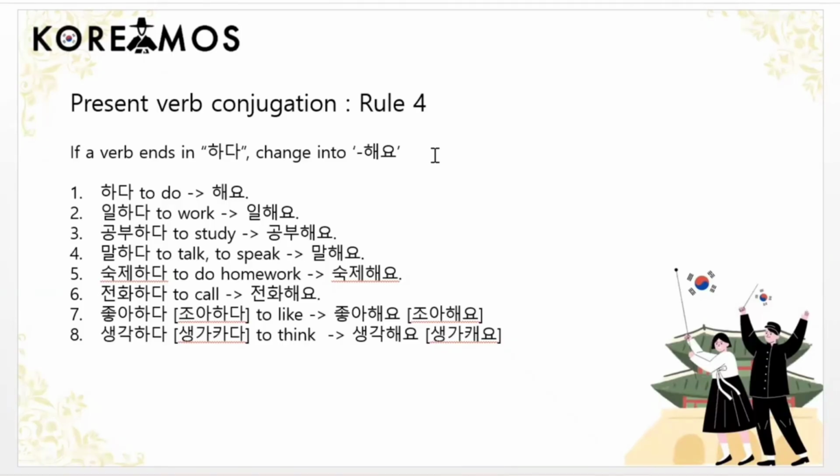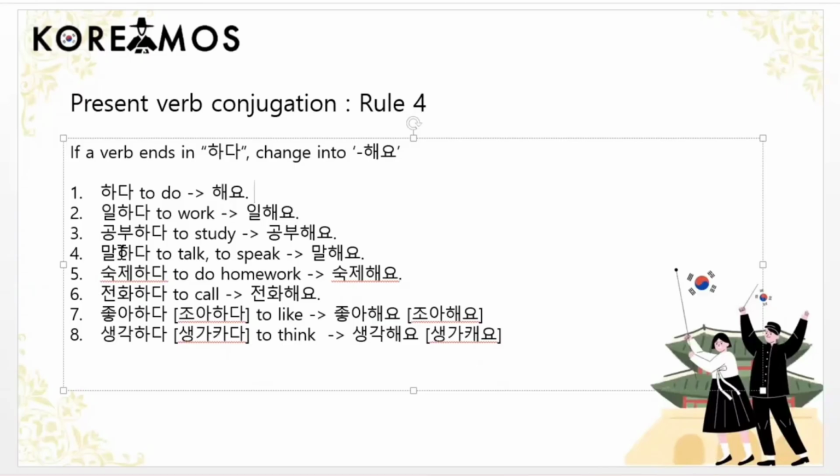And as we just saw with 맛있다, we don't change the noun part, we change only the verb part 하다 into 해요. So 하다, 해요. 일하다. Here, 일 is work, the noun work. And 일하다 is the verb to work. 일해요. I work, we work.